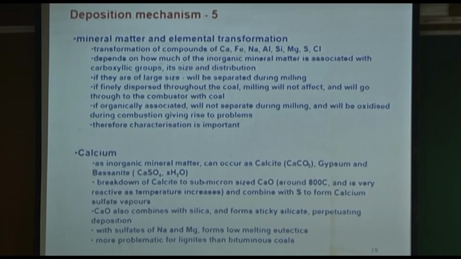But if you have sodium sulfate, calcium sulfate, and magnesium sulfate all present together, they melt at reasonably low temperatures, in the lower range of what is encountered in boilers. So these are actually more problematic. Calcium is more problematic for lignites because lignites, in general, have more calcium than the bituminous coals.